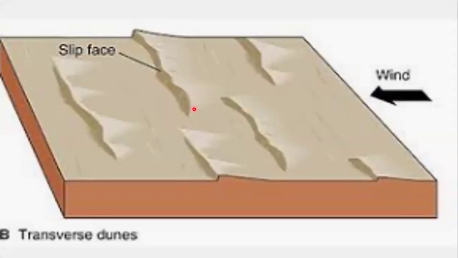Transverse dunes. Transverse dunes are found perpendicular to the direction of the wind. They appear wave-like. These are generally formed along the margins of the desert. Windward side is steep and the leeward side is gentle.